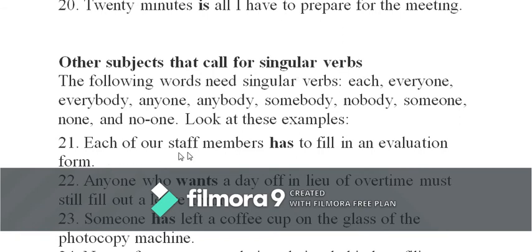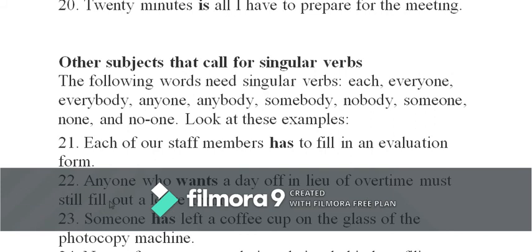Thus, each of our staff members, we say, has to fill in an evaluation form. A general tendency is to say the members have to fill, which is incorrect. So kindly make a note of it. Learn these words by heart: each, everyone, everybody, anyone, anybody, somebody, nobody, someone, none, and no one. These will take a singular verb.